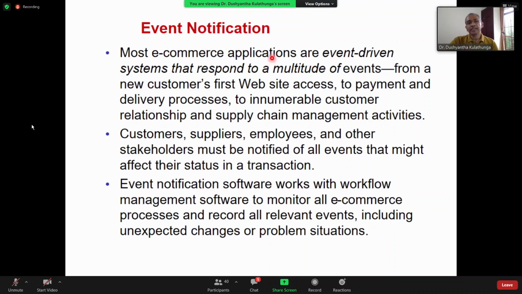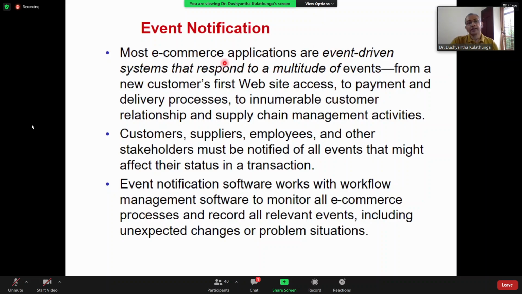So here it says e-commerce applications are event driven. That means a particular event triggers another event. A particular event leads to another event. That is what is identified as an event driven system.